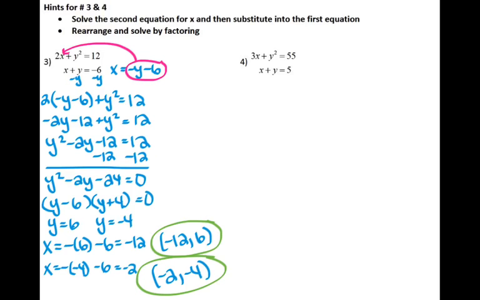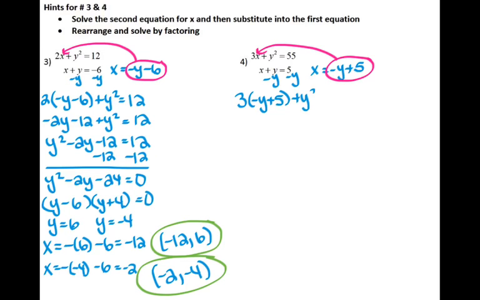Number 4, I'm going to do the same thing, so I'm going to solve for x. So I'm going to subtract y from both sides. So that's x equals negative y plus 5. Going to go ahead and make a substitution. So I have 3 times (negative y plus 5) plus y squared equals 55. I can distribute the 3.